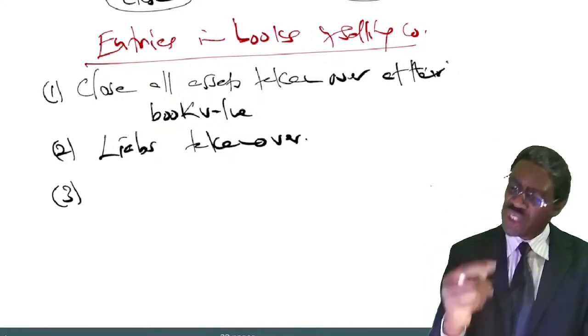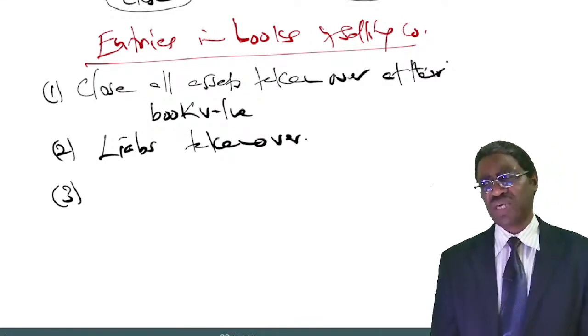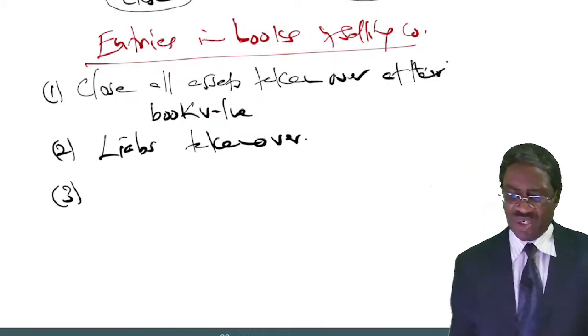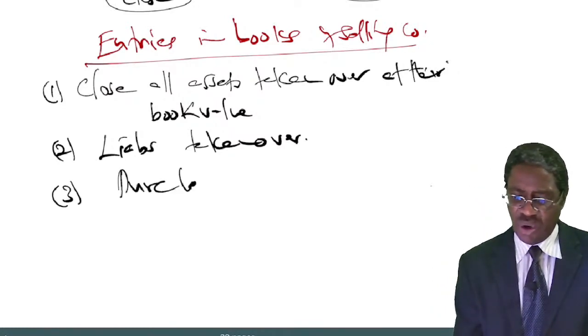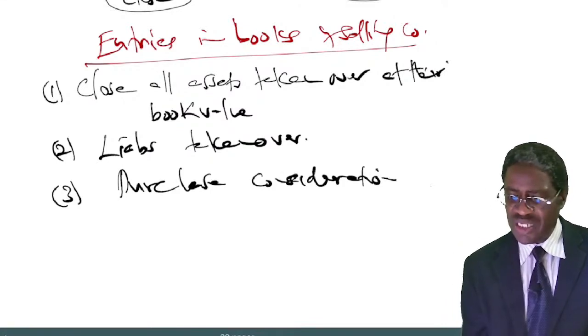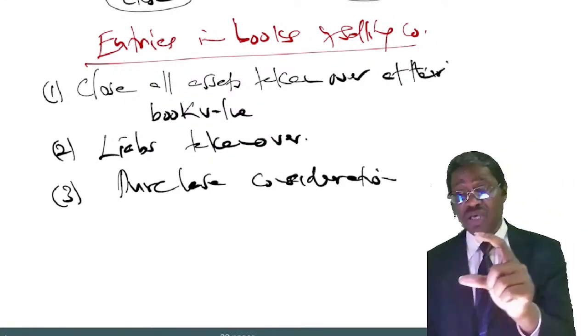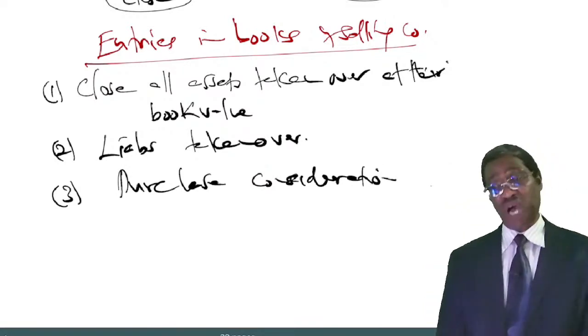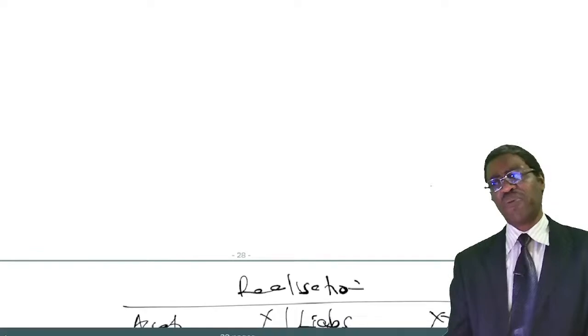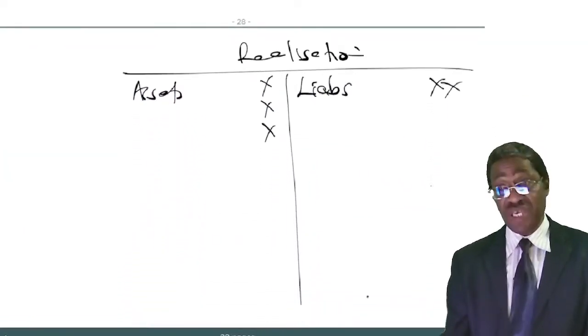Whatever it is that you are charging B to buy you, that's what we normally refer to as the purchase consideration. So what is it that you company A are charging B to buy you? For purpose of illustration, let me assume that you company A are charging B 50 million.